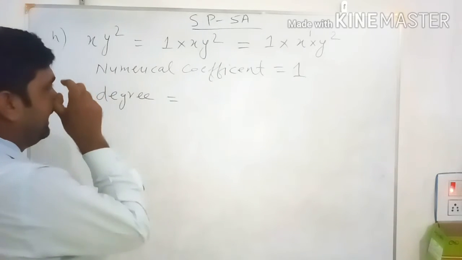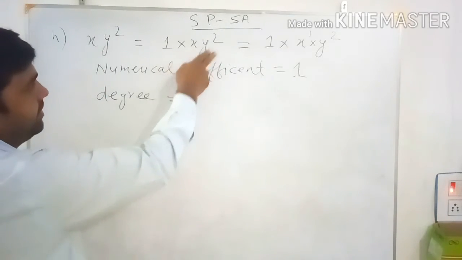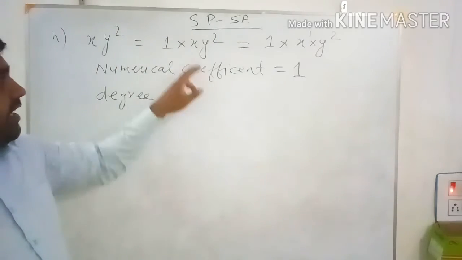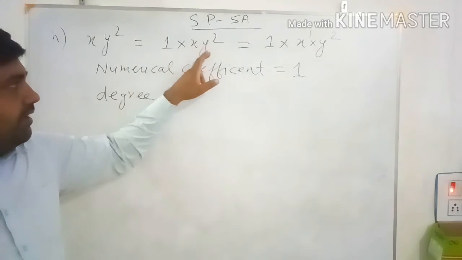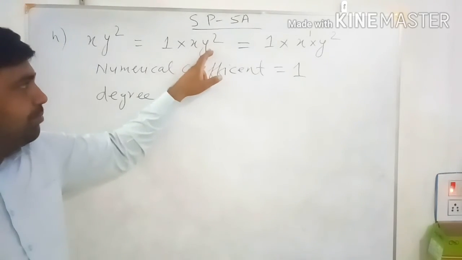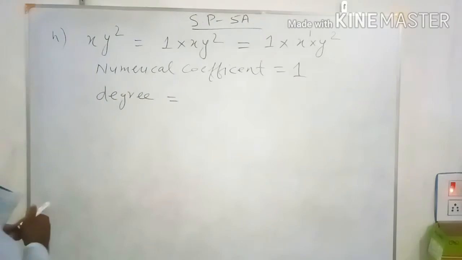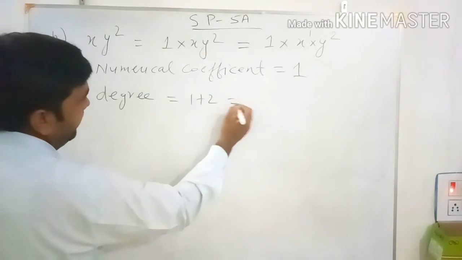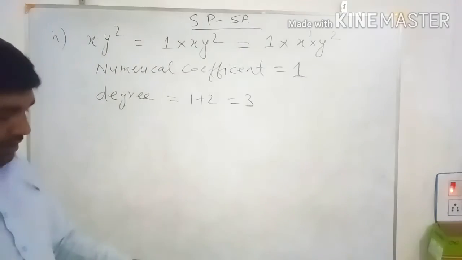In a monomial, we add the index of each of the multiplied variables. See here, x and y both are multiplied, one is the multiplicand, the other is the multiplier. So we apply the product law of exponents and add these two indices. So the degree of the monomial xy square will be 1 plus 2, that is 3.